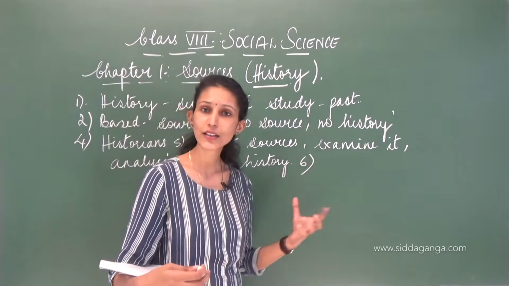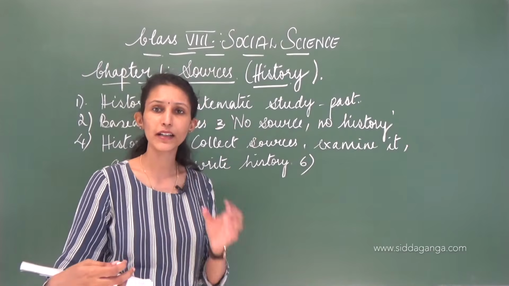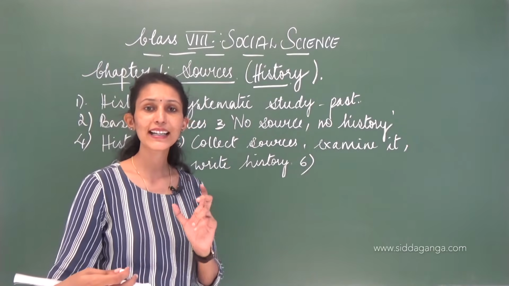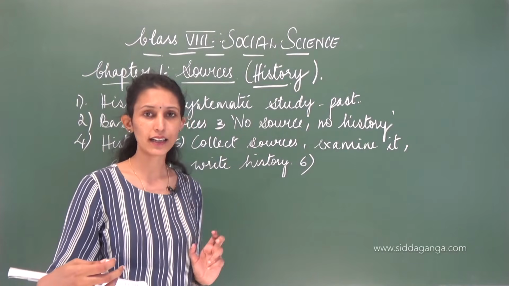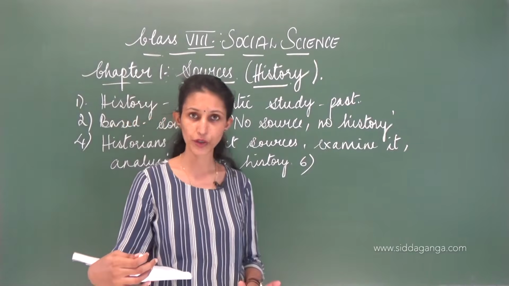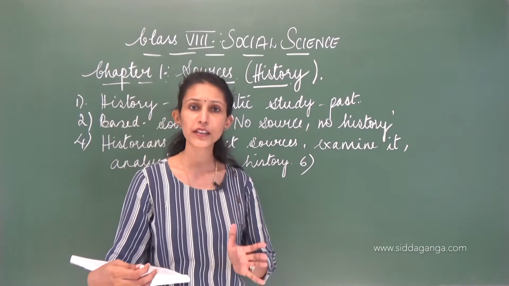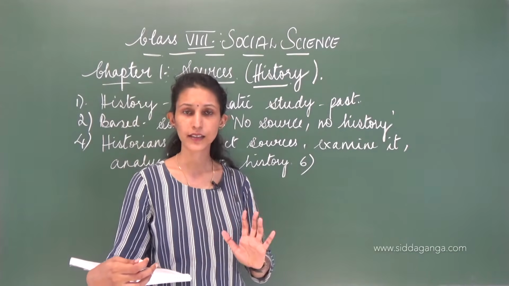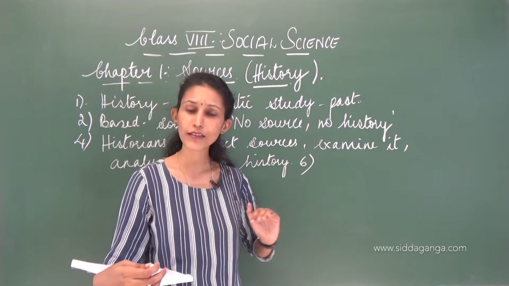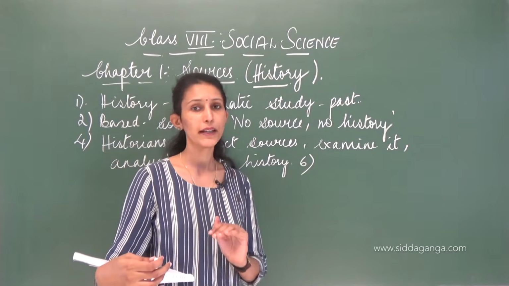What do they do? They collect all this and then they examine it, they check, and they make a clear understanding, like the experiments you do in the lab. Why do you do it? In order to get some result, isn't it? Now there is a lot of process in making an experiment.